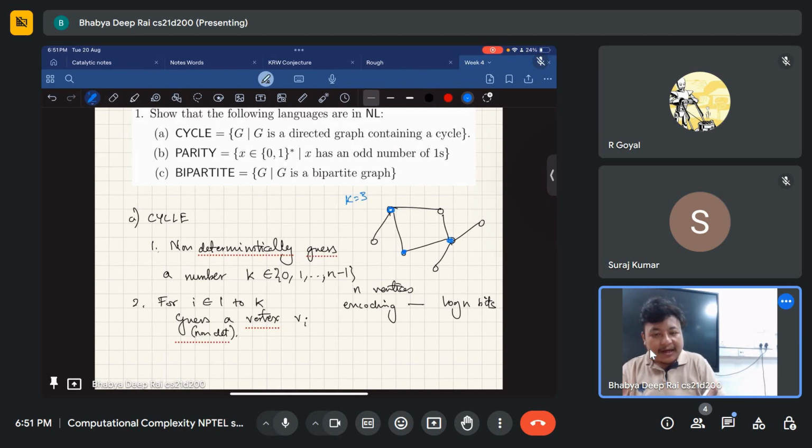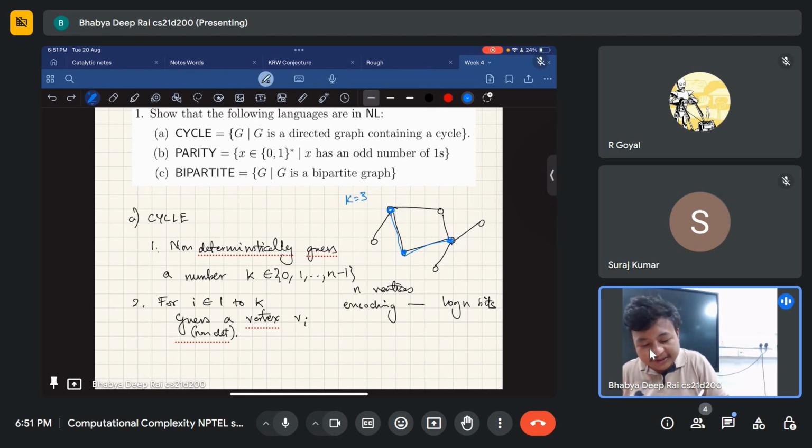So this forms a path, right, Suraj? And my goal is to check if what I started with was the same as what I ended with. Then that will form a cycle.